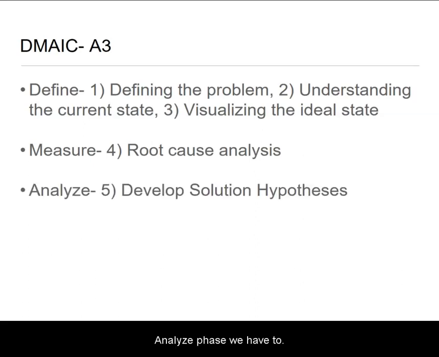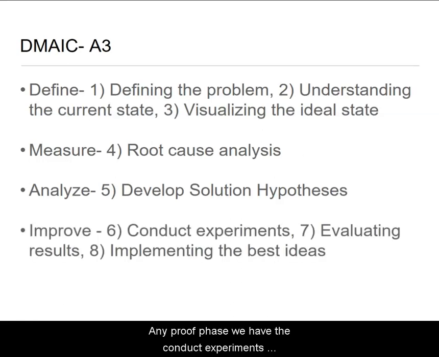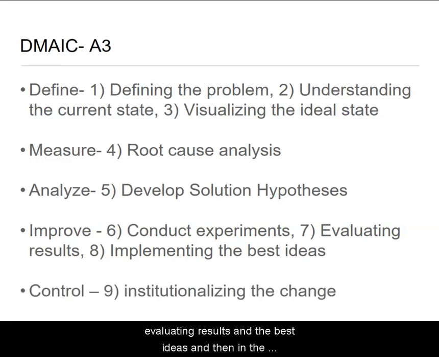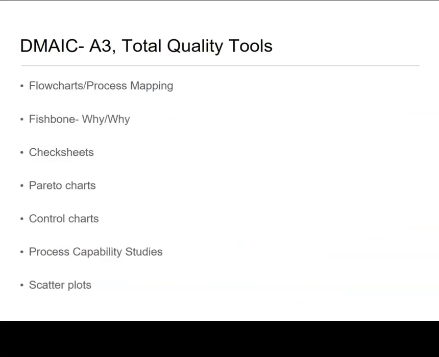Analyze phase, we have the develop solution hypothesis. In the improve phase, we have conduct experiments, evaluating results, and implementing the best ideas. And then in the control phase, you're institutionalizing the change. So you'll see that we use both the DMAIC and the A3 throughout this quarter in order to define and also to improve or create opportunities.